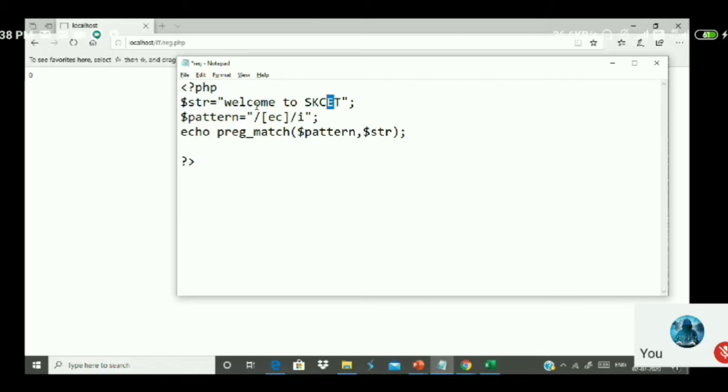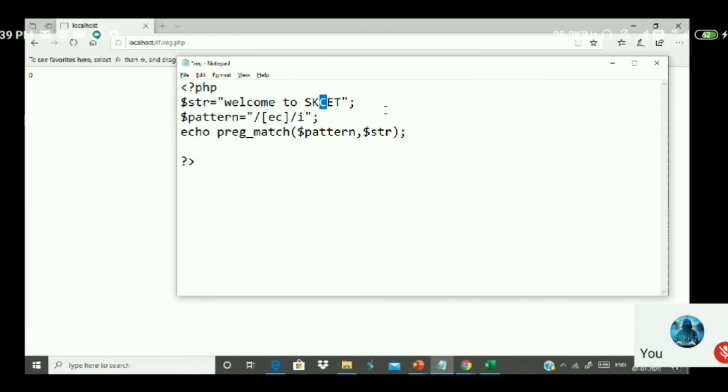How many C's are you having? 1 C and 2 C's. Are you able to understand? So 3 E's and 2 C's. Finally, when you use preg match all, you will get 5 here. Are you able to understand, Mohandan? Yes, sir. Okay, because you are not searching a string here, you are searching a particular character. It's called a pattern, it is called a set.